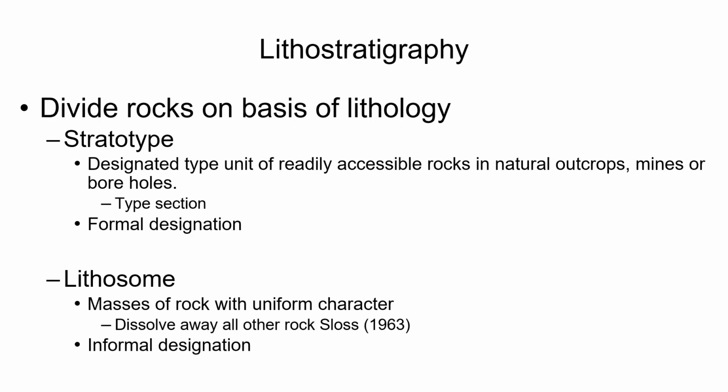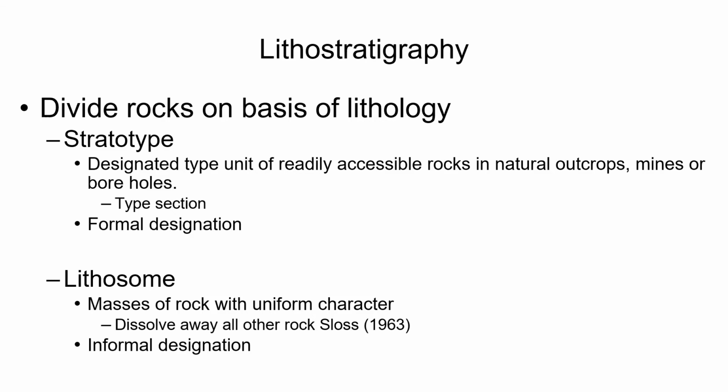We can also divide rocks on the basis of lithology, and we do this in ways called the stratotype and the lithosome. A stratotype is really where we get the type section of a unit. This is where it is first described. A type unit is usually readily accessible, so it's easy to get to in a natural outcrop or possibly a mine or a borehole.